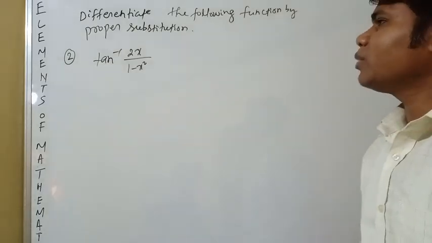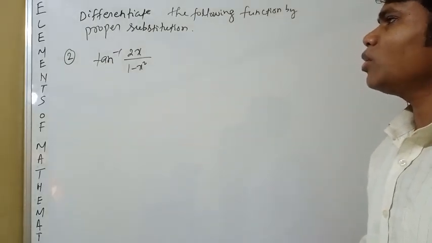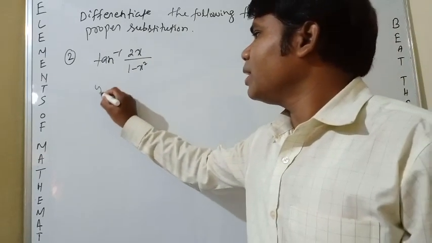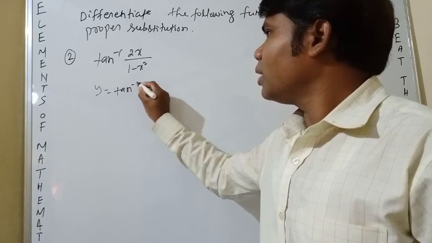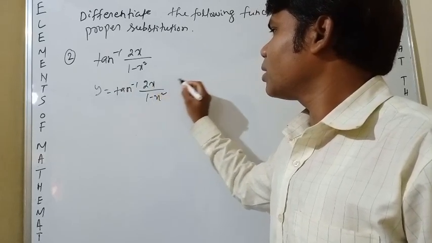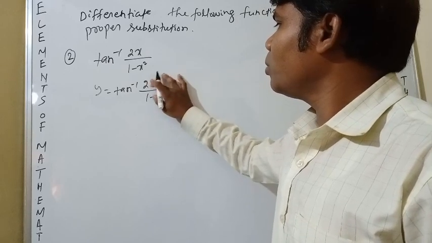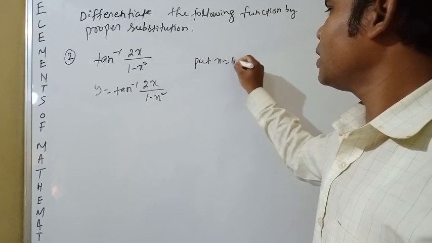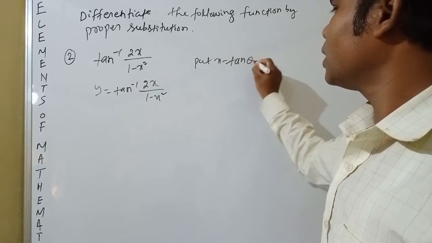You see the next question, tan inverse of 2x by 1 minus x square is given. We have to take y is equal to tan inverse 2x by 1 minus x square. Here you put x is equal to tan theta.